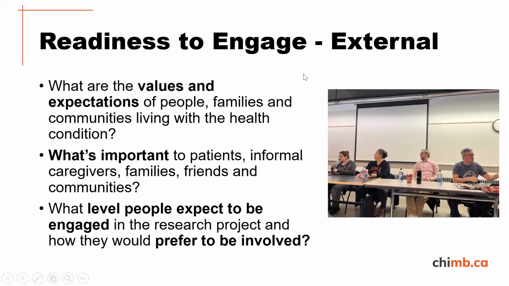And then externally, I think it's really important to have conversations before you even think about pulling together or recruiting an advisory group. It's important to have conversations with people on the ground who you want to engage. So going to community events, attending meetings and talking to people, going for coffee with folks, and really getting a better understanding of the values and the expectations of people, families, and communities who are living with a health issue, what's really important to them, and then what level they expect to be engaged, right?